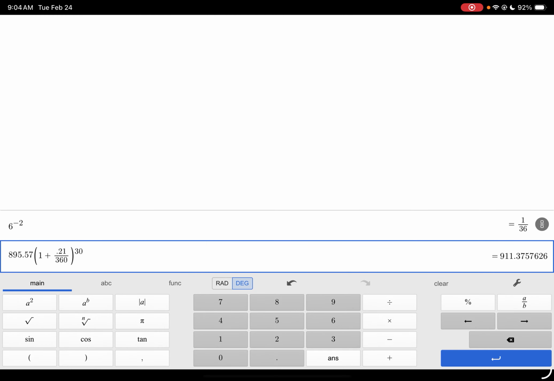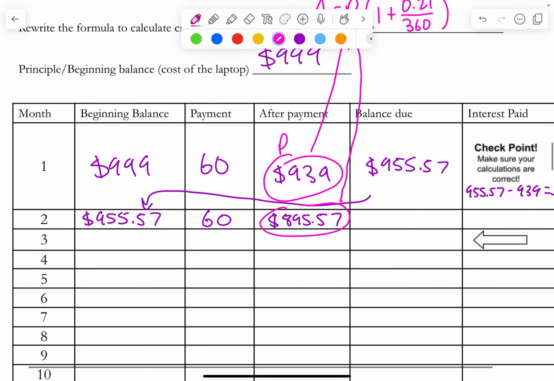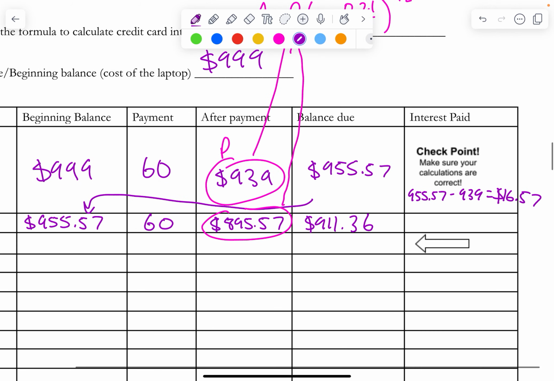So that means after we have interest, we have $911.36. And then again, how much of that was interest? Take 911.36, subtract the amount you had before the interest was applied, 895.57, and you added on $15.79 of interest that month, and then you put this here and you start all over.